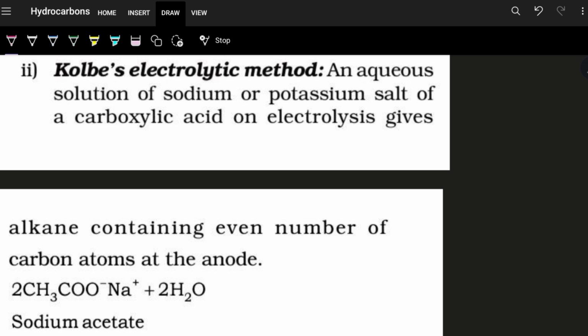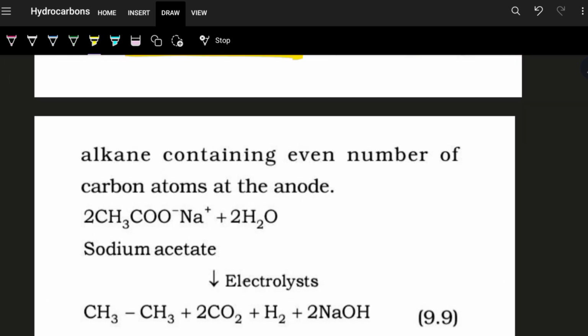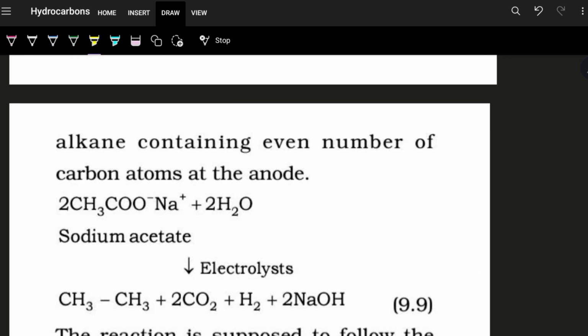Kolbe's electrolysis method. Kolbe's reaction is something else, and Kolbe's electrolysis is something else. In the electrolysis method, an aqueous solution of sodium or potassium salt of a carboxylic acid is used, and the alkane produced contains an even number of carbon atoms.